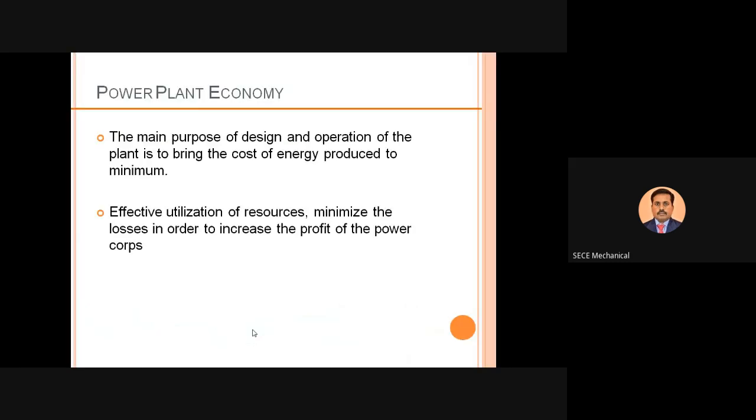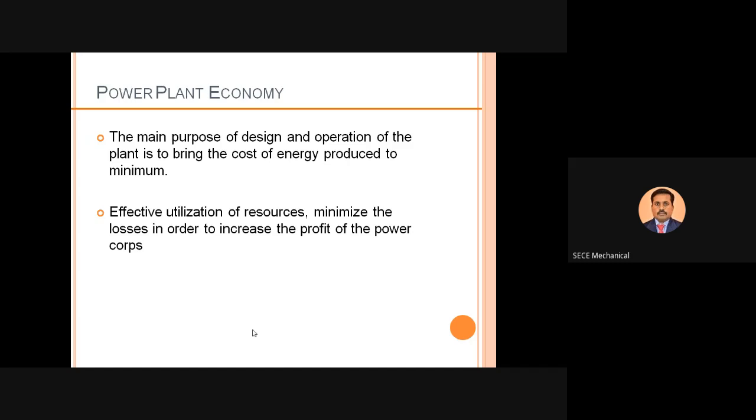You know very well, for any power plant, whether it is a coal-based thermal power plant, or a conventional or non-conventional source, power plant economy is very important. Why is it very important? What is the main purpose behind power plant economy? If any power plant is to be designed and operated, we have to put in some cost, and with the help of the cost we are producing the energy.